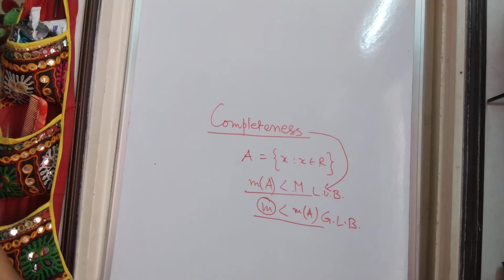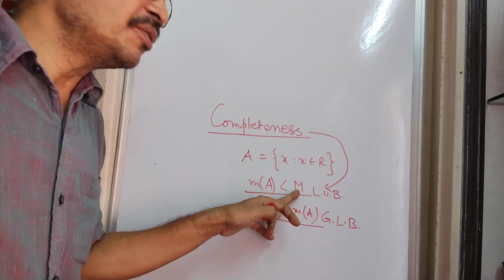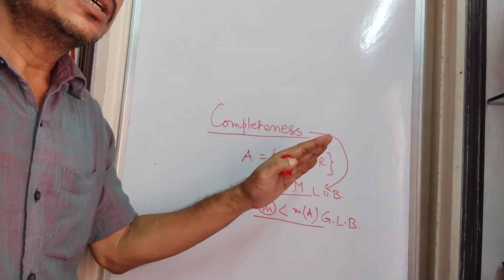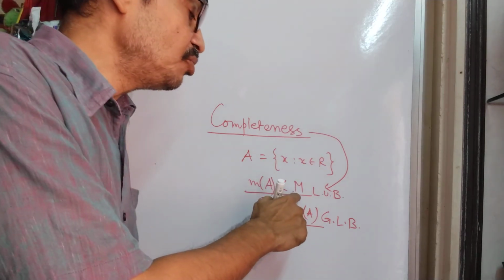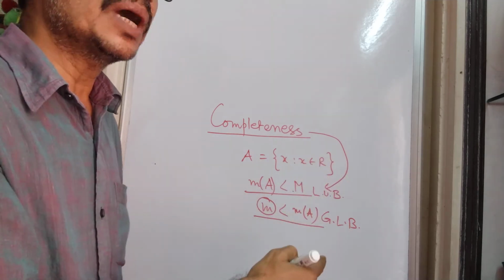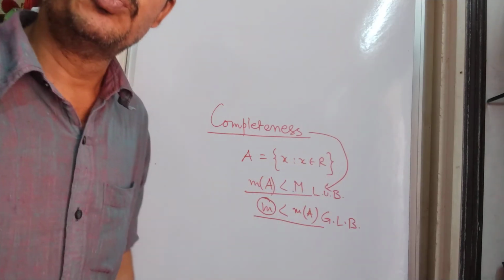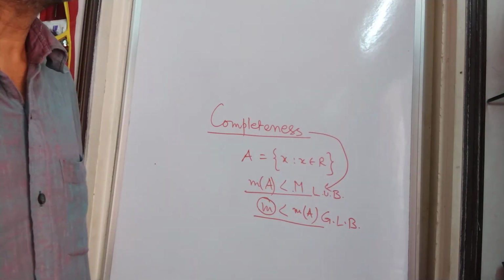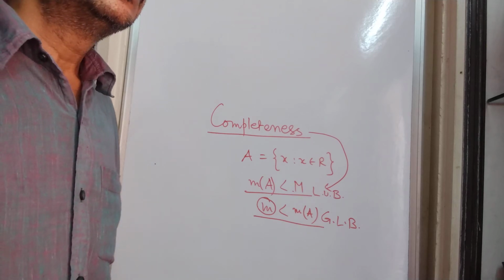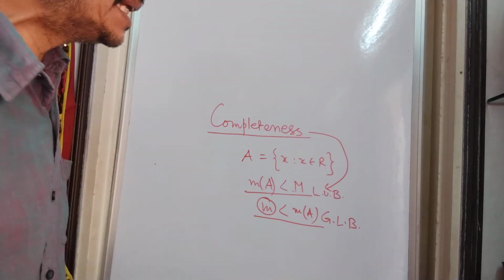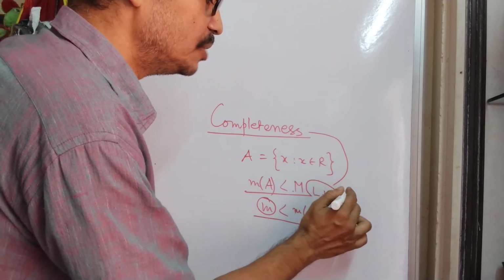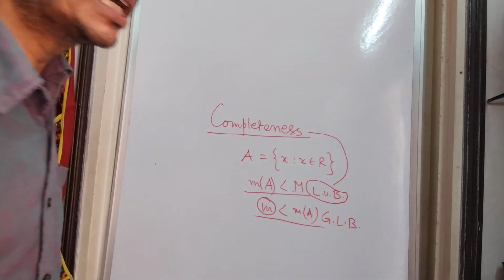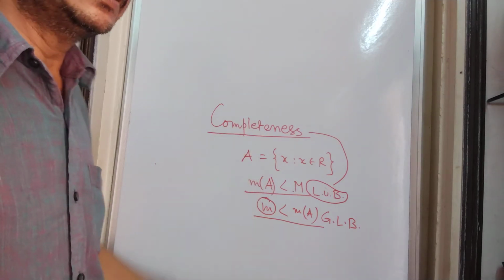And one can easily apprehend that whenever it is bounded from the upper side, we have a particular value M or M plus 1 or M square or M cube, all are upper bounds. So we are not interested in the larger upper bounds. We are interested in the least upper bound, the lowest value which becomes the upper bound of a set.